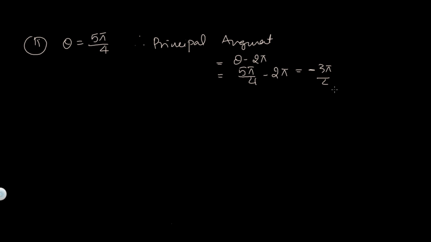This is the smallest angle made by the given complex number. So this is the definition of the argument or amplitude.